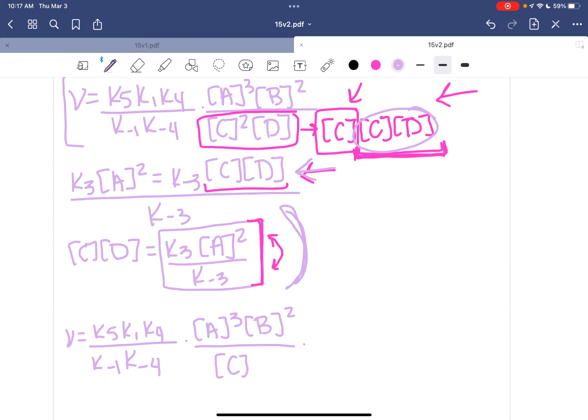So the top becomes the bottom, so K3 times A squared, and then the bottom becomes the top, so that's K minus 3 up there.